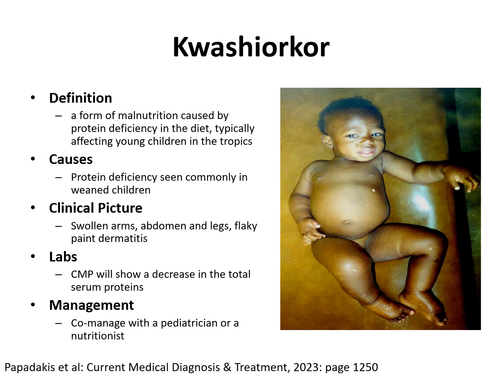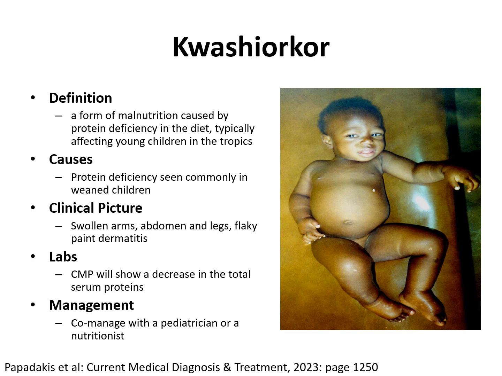The clinical presentation would be swollen arms, abdomen, and legs. That chunky little abdomen there is not fat. That is full of acidic fluid. And they have a drying dermatitis of the skin, usually in the extremities, on the forearms and hands, in the legs and the foot. And this dermatitis is classically described as flaky paint dermatitis.